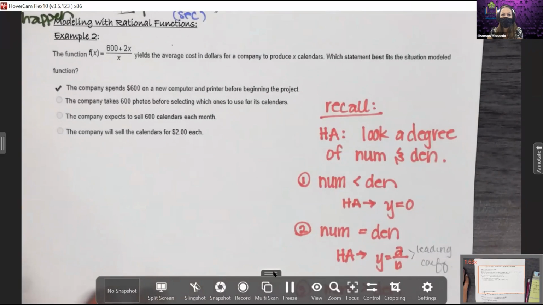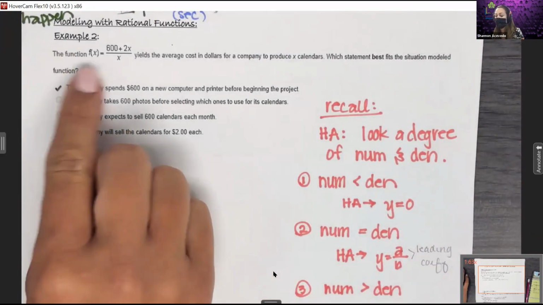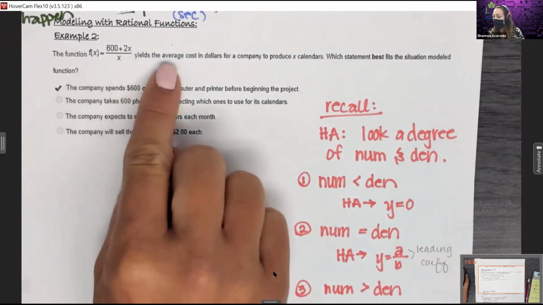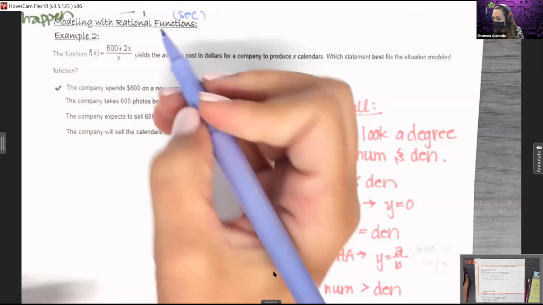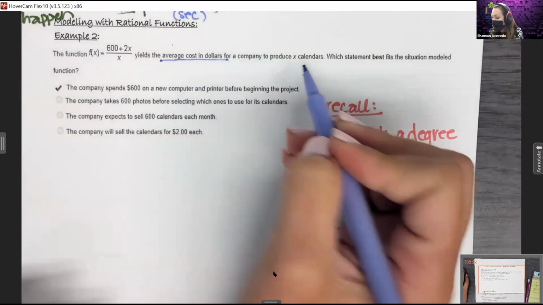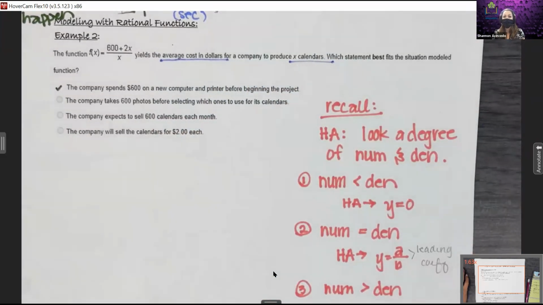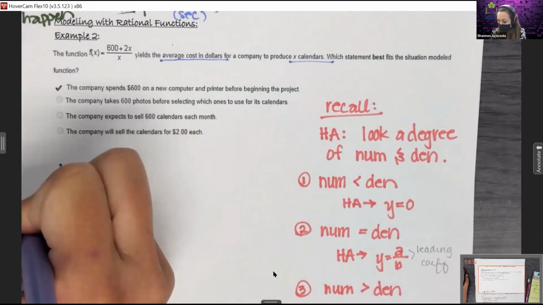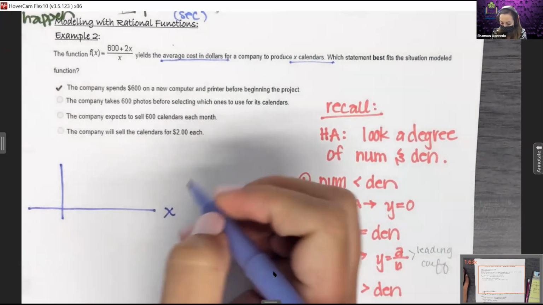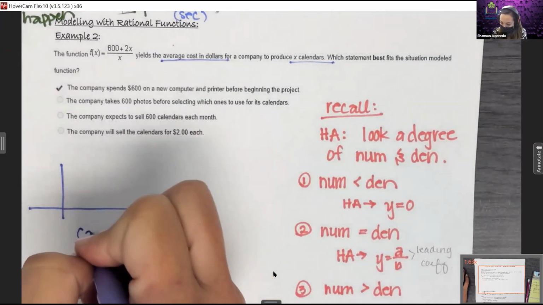What this question says is that I'm given this function f of x, and it yields an average cost in dollars for a company to produce x calendars. So I already know what my x-axis is because it's using x this time. That's great. So over here, I know that my x-axis is representing my calendars.